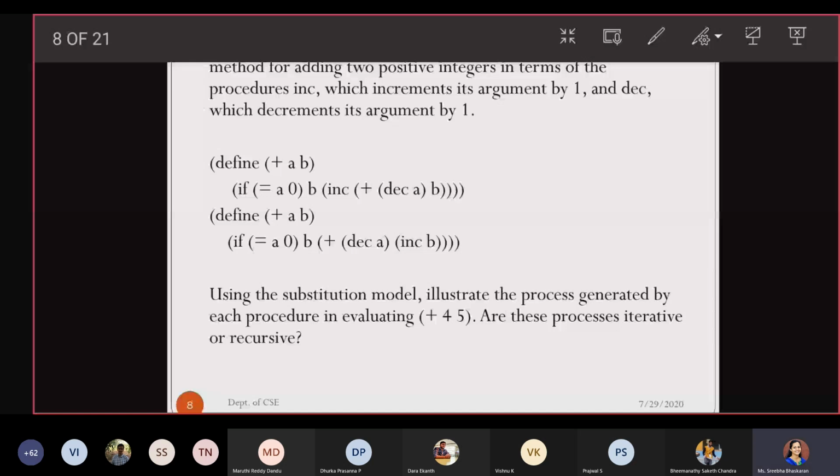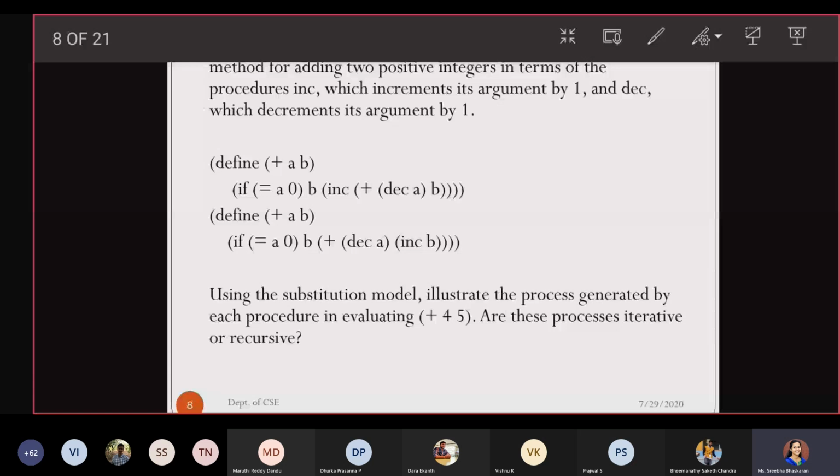Okay. So let's move on with the next process, which we call tree recursion. Before we see why we are calling it tree recursion, let's take the example of the Fibonacci procedure.